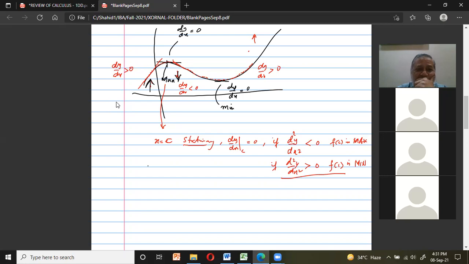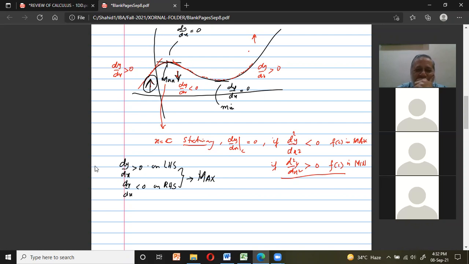So if I can somehow work out that on the left hand side, the derivative is positive, and on the right hand side, derivative is negative, that is an indication of maximum at this stationary point.